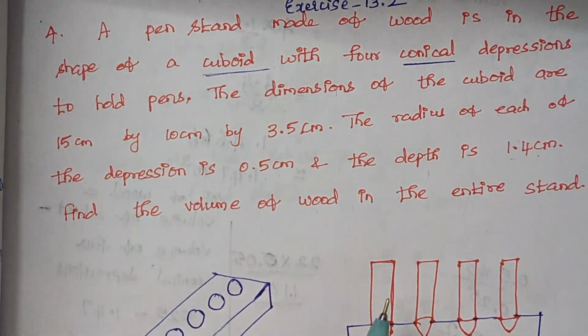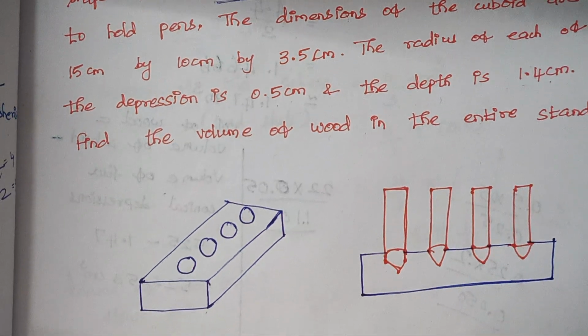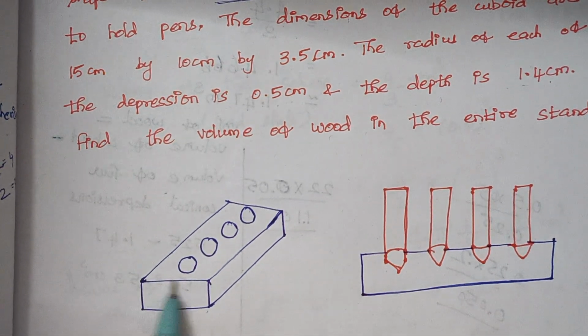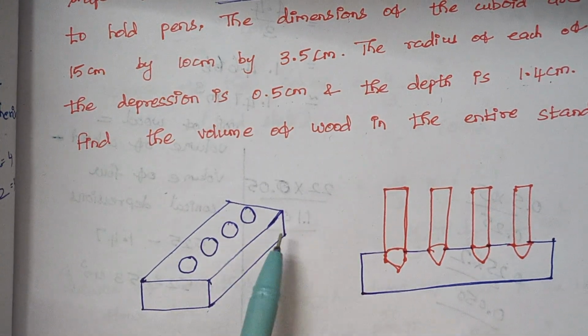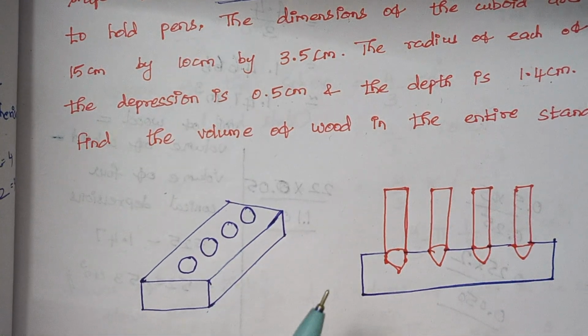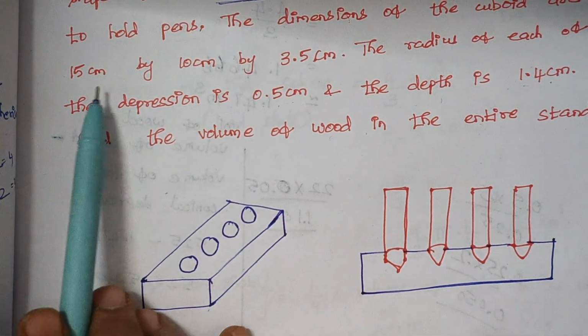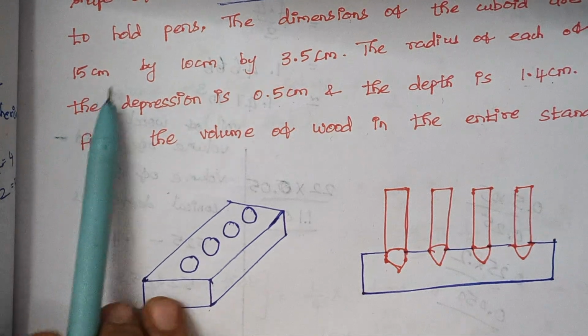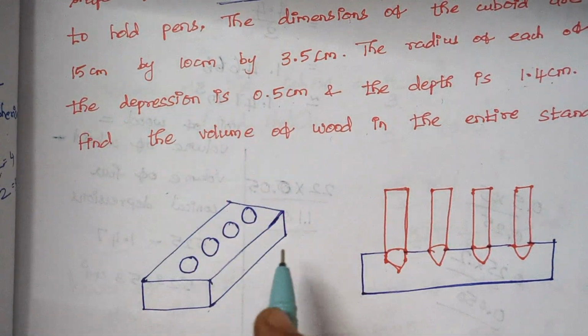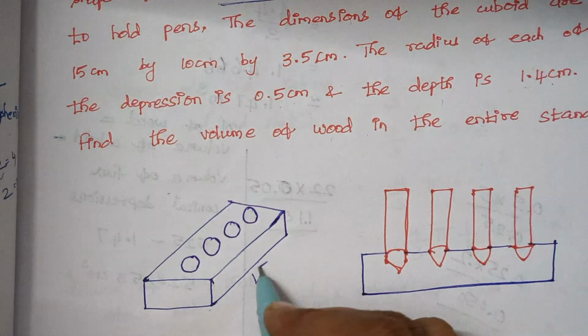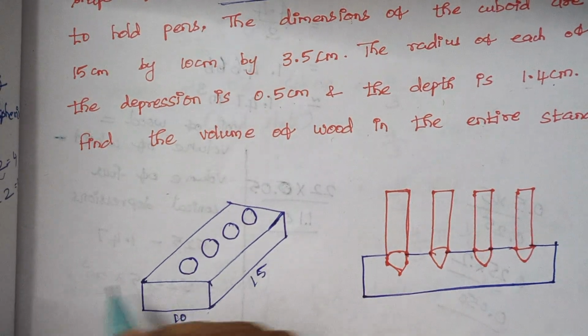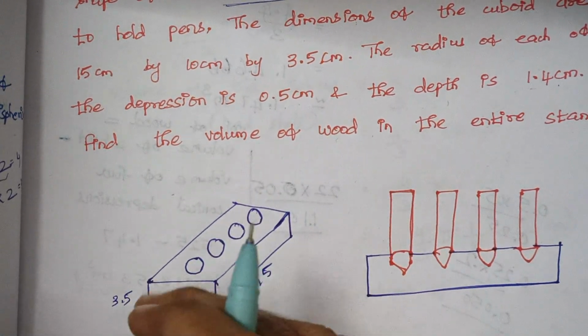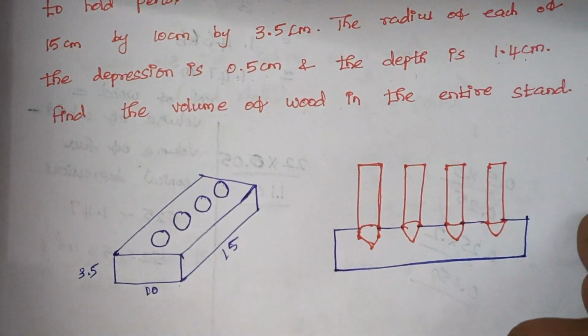So here you see this is the diagram which is given. This is a cuboid, your pen stand, and here the dimensions are given: 15, 10 and 3.5. This is your 15, this is your 10 and this height is your 3.5.